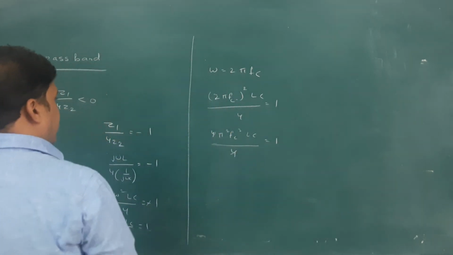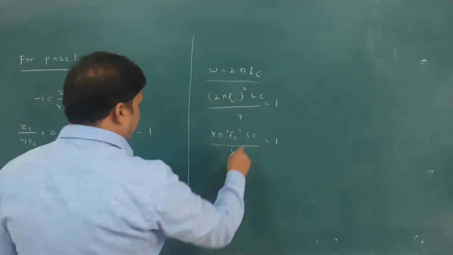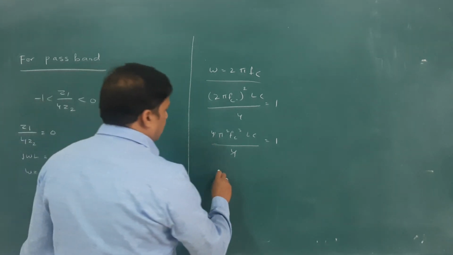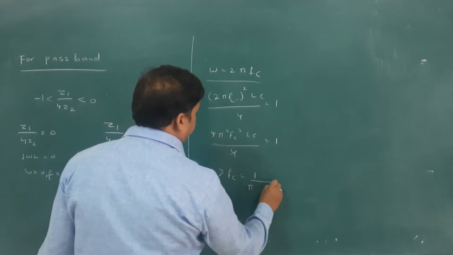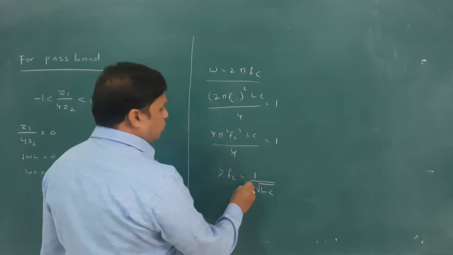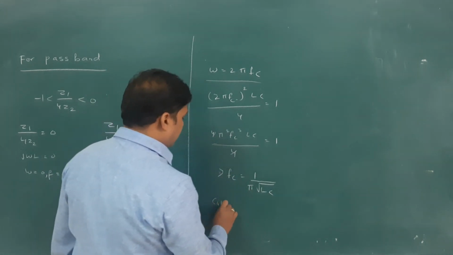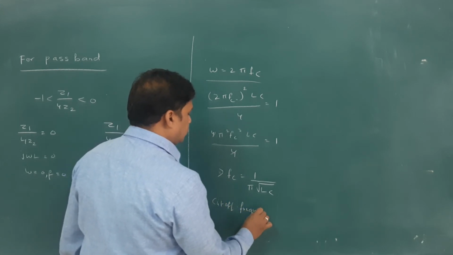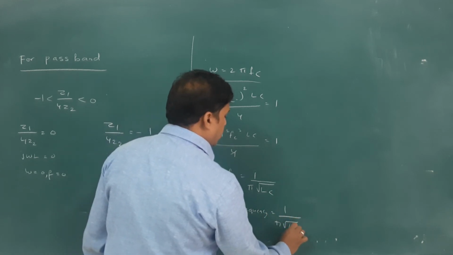By solving this equation, fc is equal to 1 by pi root LC. So we have got one value, fc is equal to 1 by pi root LC, that is the cutoff frequency value.